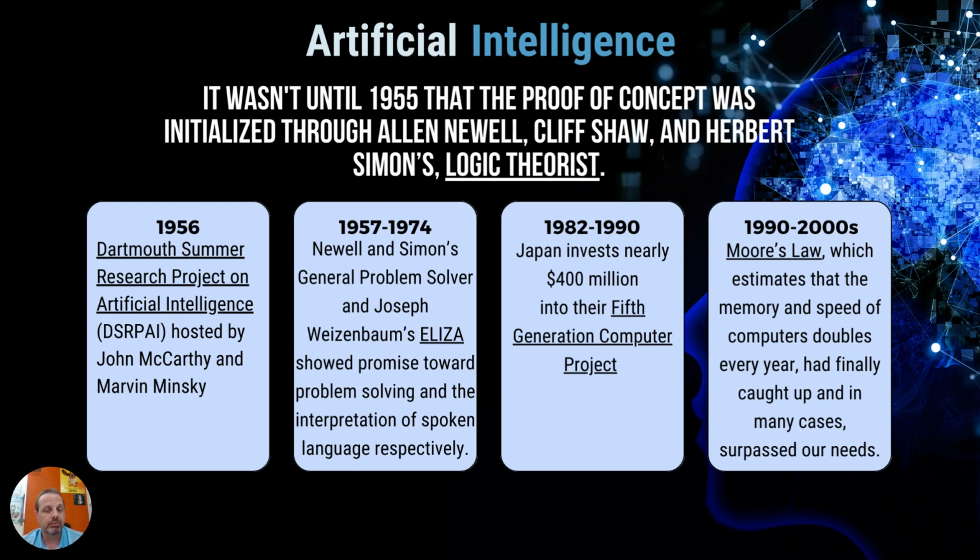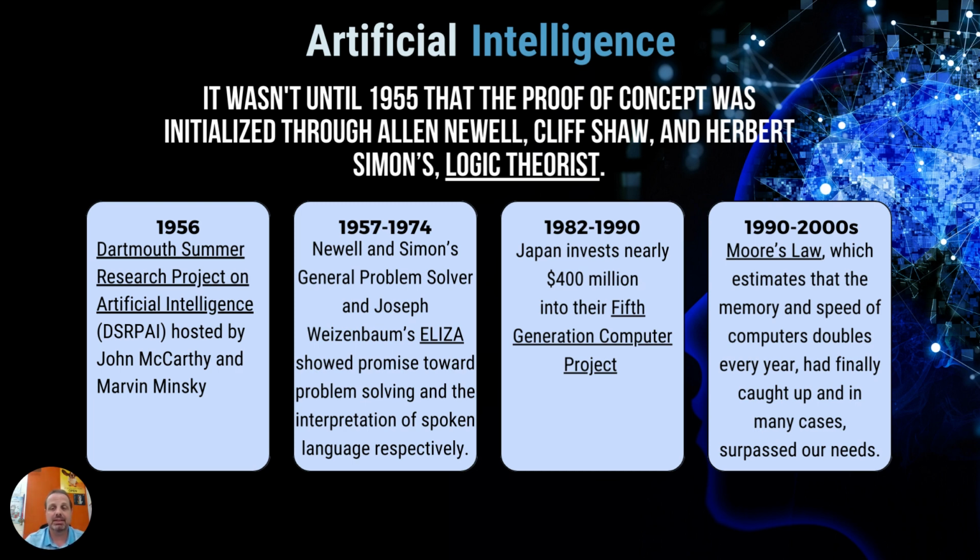We jump forward a few more years, around 1982 to 1990. We see Japan invest nearly $400 million into their fifth generation computer. Then from the 90s to the early 2000s, Moore's Law emerges, which estimates that the memory and speeds of computers doubles every year. And it finally caught up and in many cases surpassed what we as humans needed.